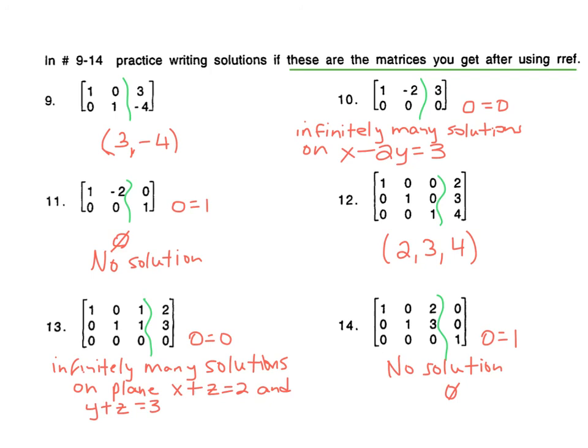And so all of that will be necessary to write for our final answer on number 13. It is a special scenario of infinitely many solutions, but because we have a bigger system, that solution is going to be defined by a plane, and therefore we have to go to the first row to define one of the lines in that plane, and the second row to define the other line in that plane.